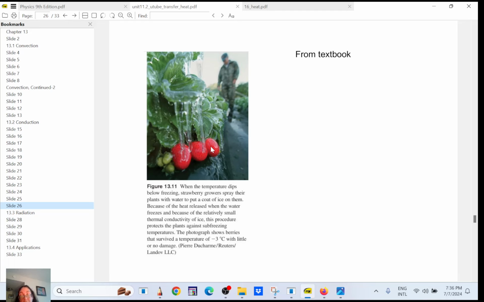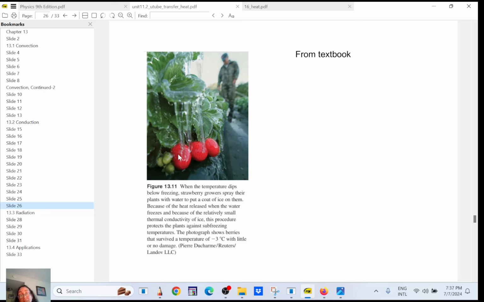So first of all, relevant to this unit, the ice will be like a layer that will protect the strawberry because heat cannot flow easily from the strawberry to the outside, freezing. Here you can survive -3 degrees Celsius, for example. These are strawberries. Okay, so that's one application.